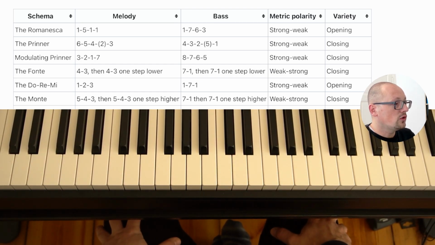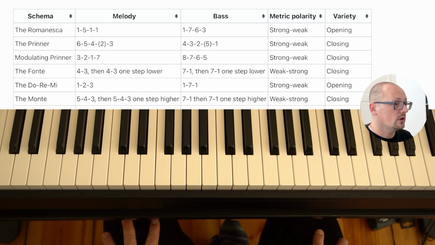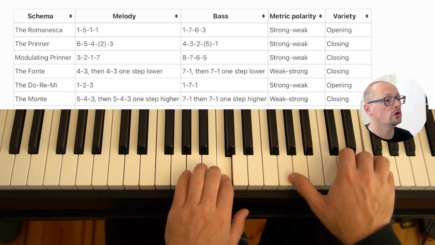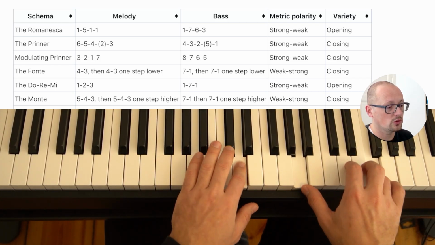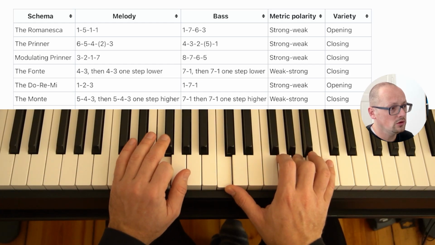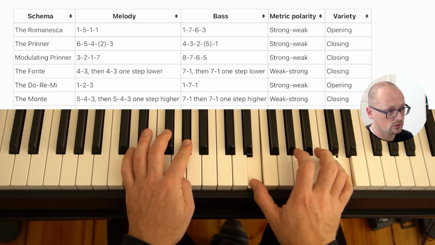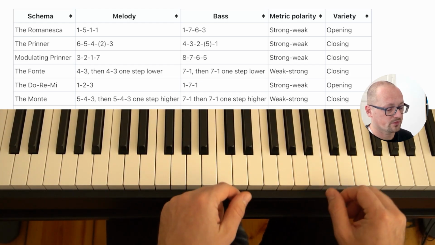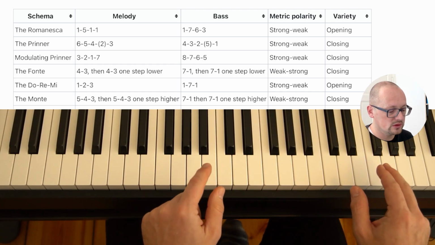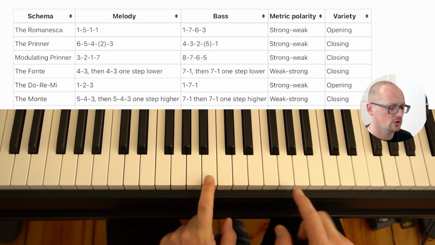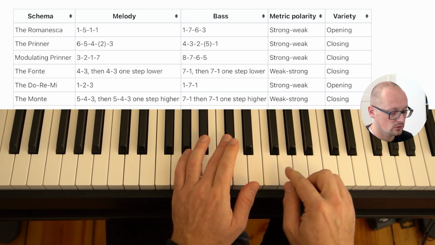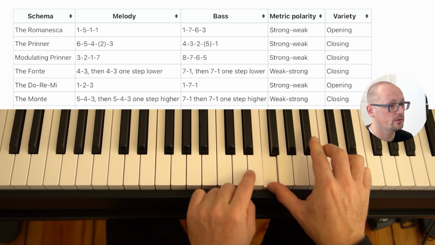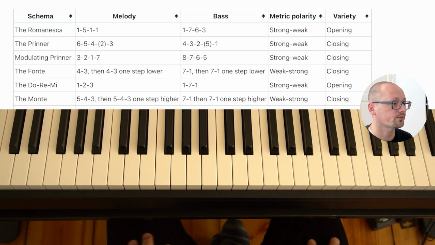Okay, let's take a look at the Fonte. So like going just, or maybe here. But the main goal is to have this tension. This is the tritone going to the end, and then you can go up with it, yeah.